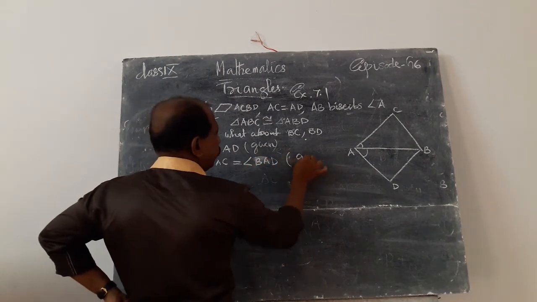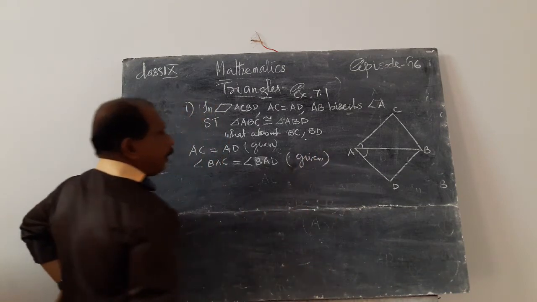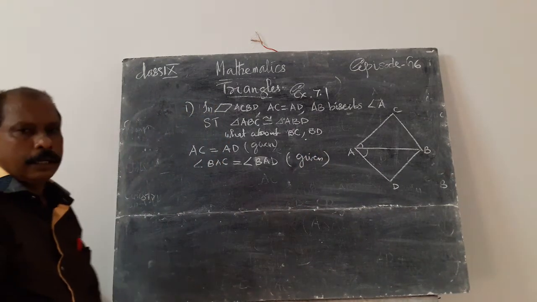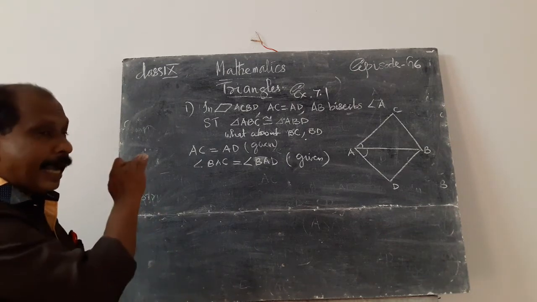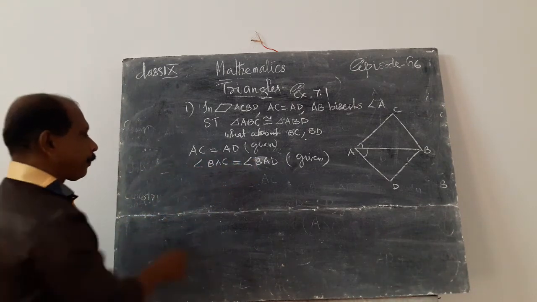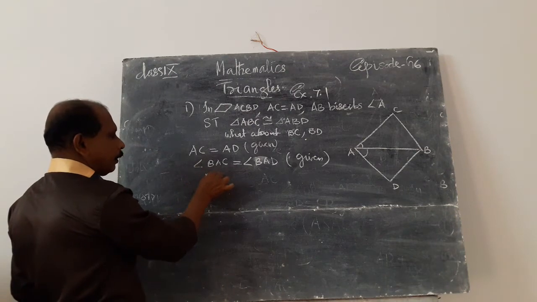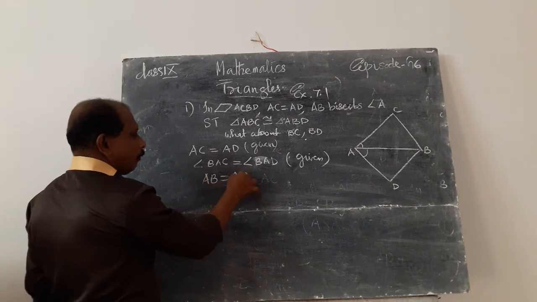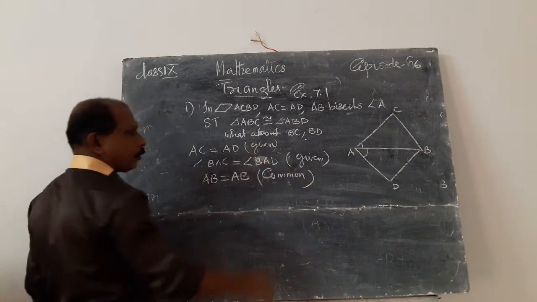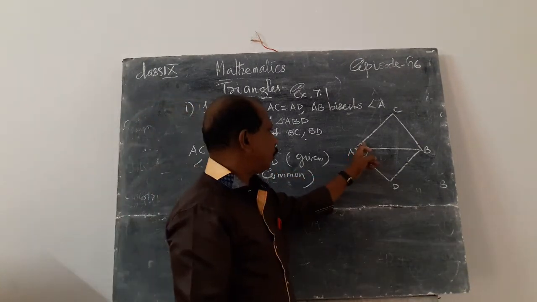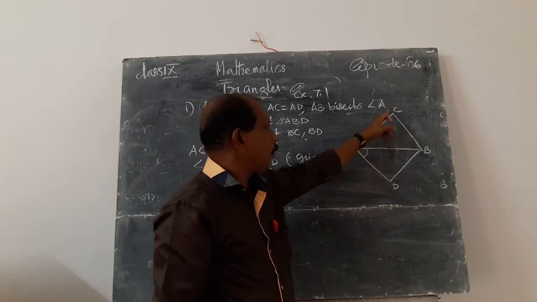That is given because AB bisects angle A. Then AB is equal to AB, that is common.